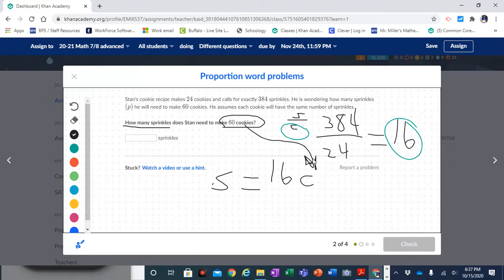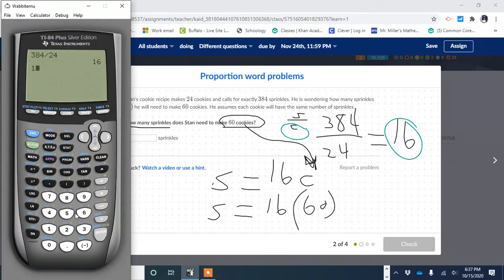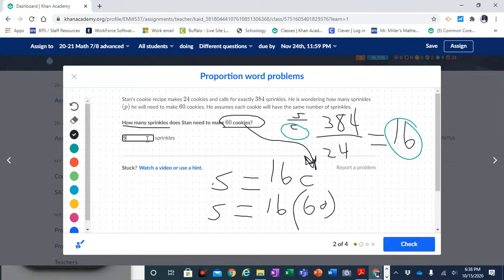C is 60. So to solve this, I'm just going to need to do 16 times 60, which is 960. So 960 sprinkles.